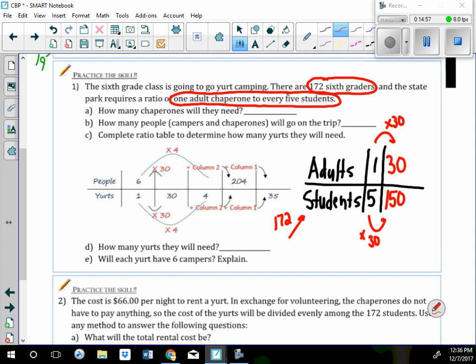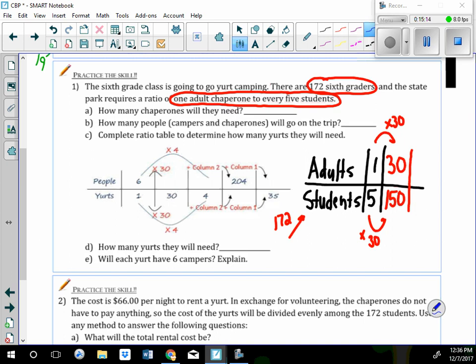Now this 150 is 22 away from my goal. Okay? So the next thing I'm going to do is go back to this first column. Remember, it's 22 away from my goal.